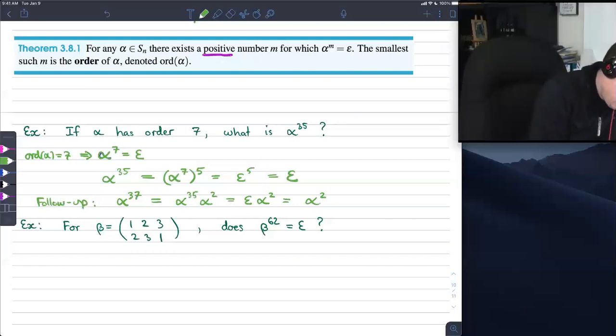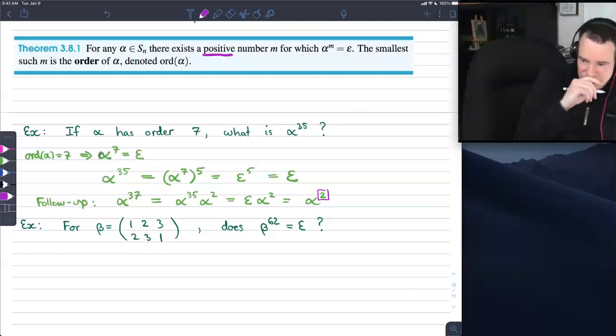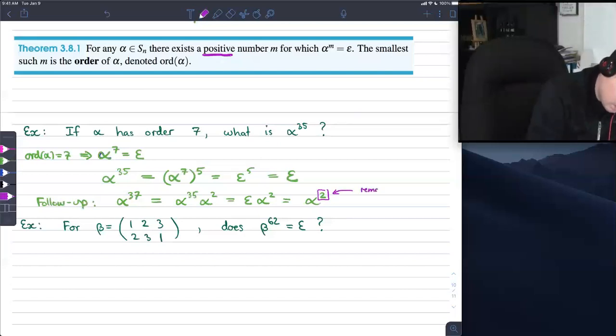Where did that square come from? I mean, we see where it came from in the calculation we just did, but this is the remainder of 37 when divided by 7.